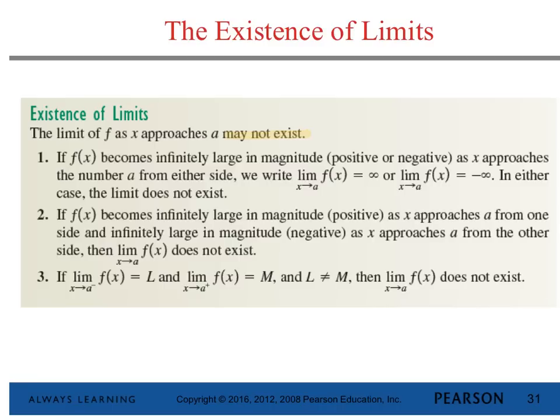One of the reasons that it may not exist is that if f of x becomes infinitely large in magnitude, positive or negative, in other words, if it increases without bound, it approaches positive infinity or negative infinity as x approaches that number a from either side, then we say that the limit as x approaches a is equal to infinity, or negative infinity.